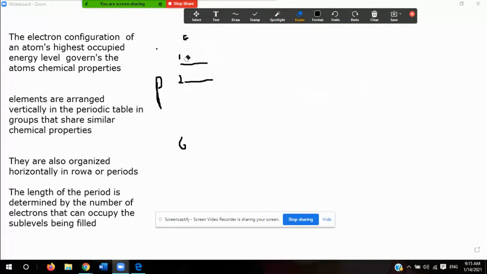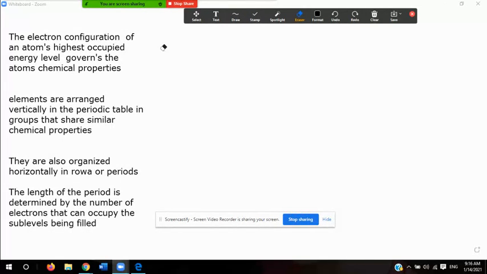Just to recap the points that I've written down so far. Number one, the electron configuration of an atom's highest occupied energy level governs the atom's chemical property. Secondly, elements are arranged vertically in the periodic table in groups that share similar chemical properties.